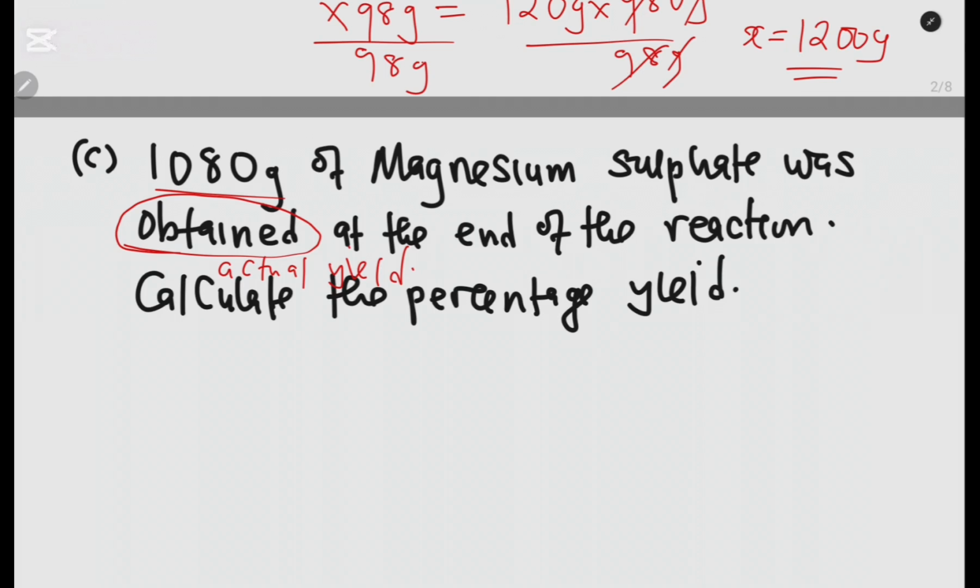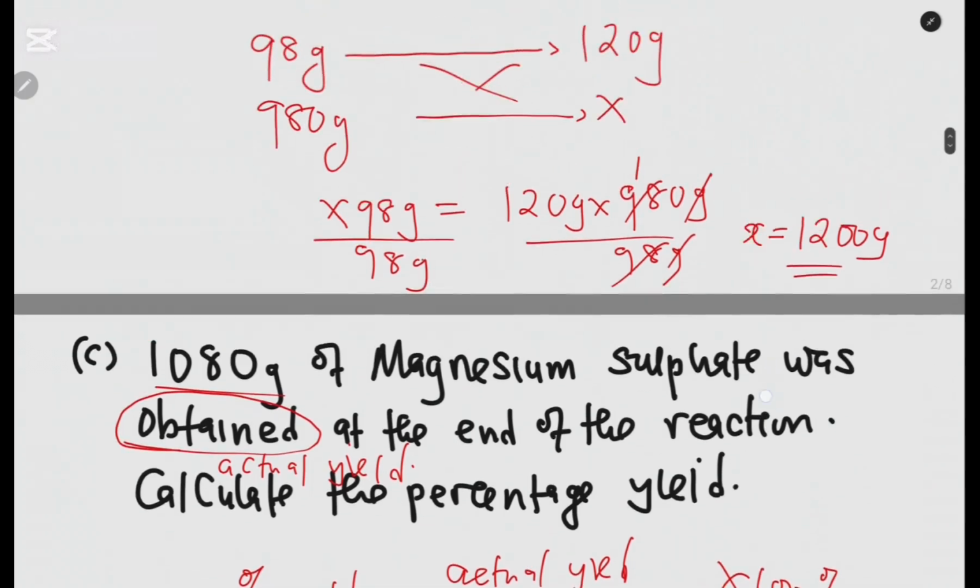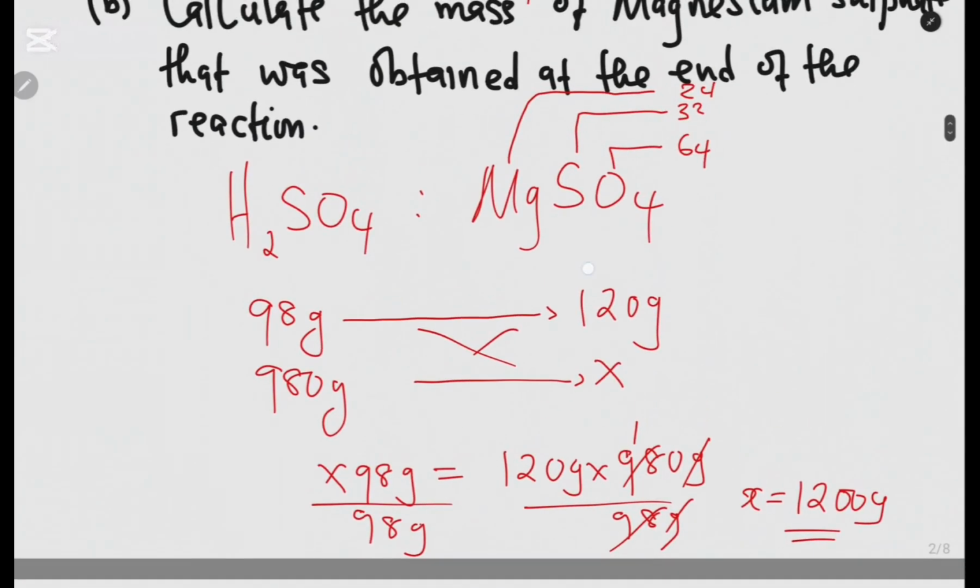So every time you are asked to calculate the percentage yield, the mass that you are given is the actual yield. So percentage yield is equal to actual yield divided by theoretical yield, multiplied by 100%.